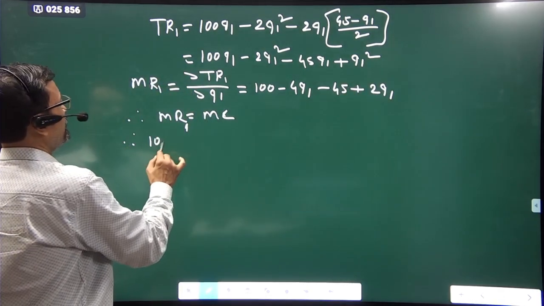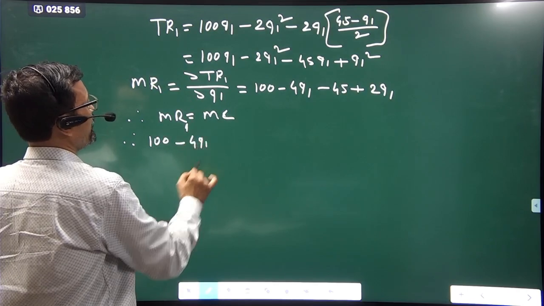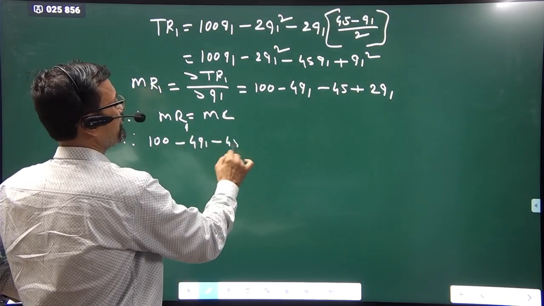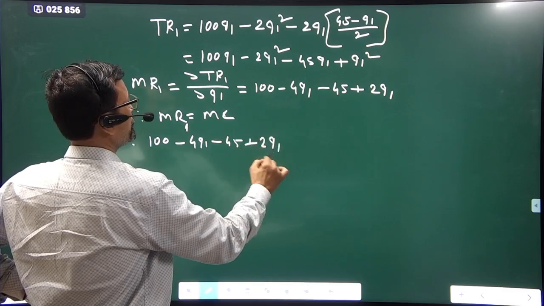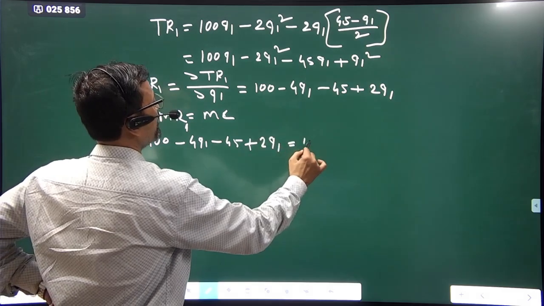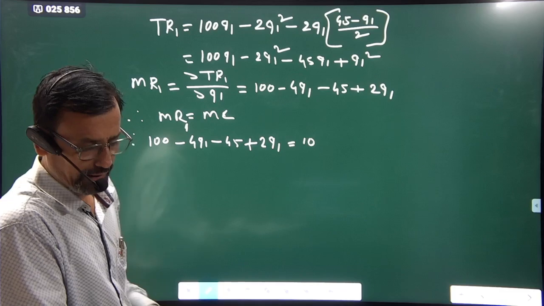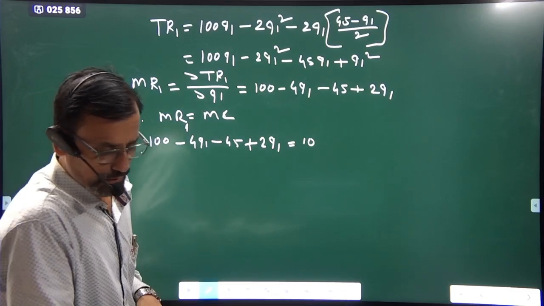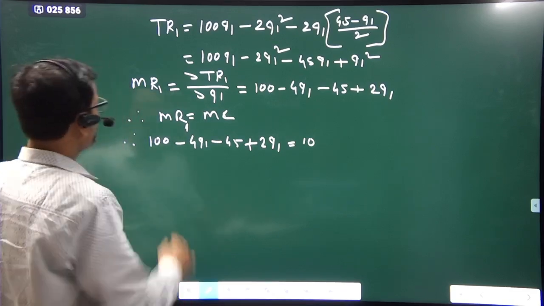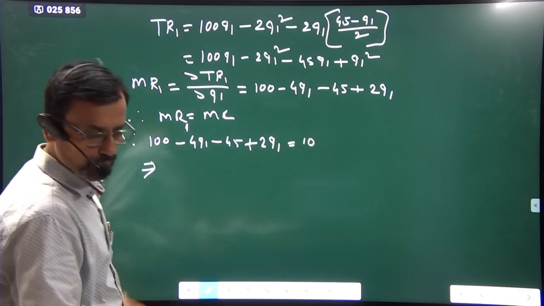Therefore, 100 minus 4Q1 minus 45 plus 2Q1 is equal to 10.